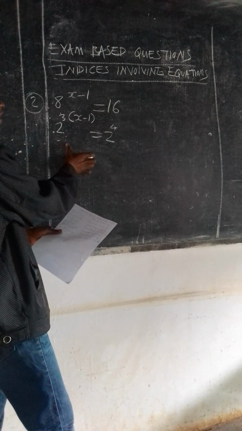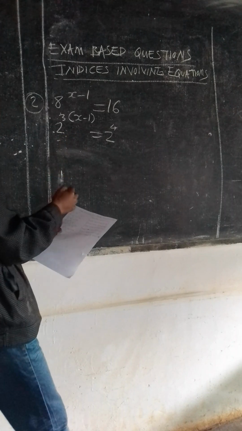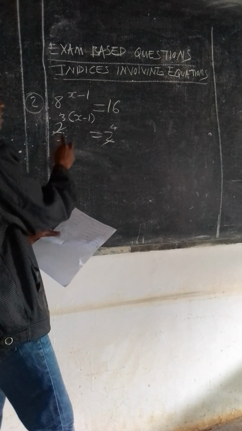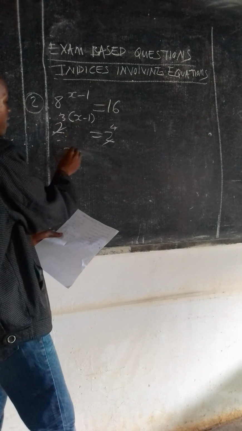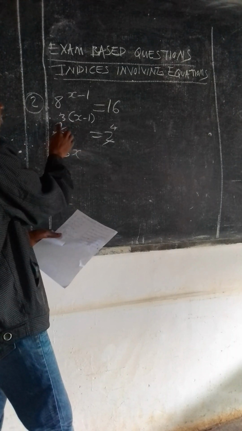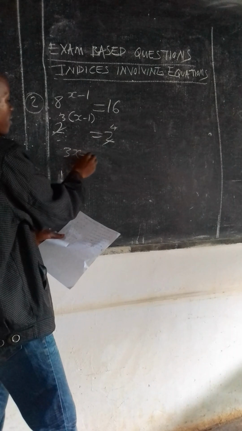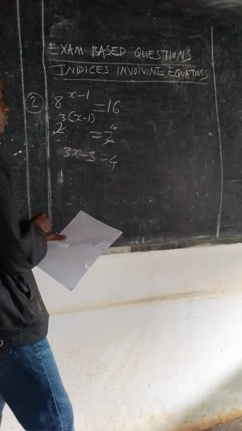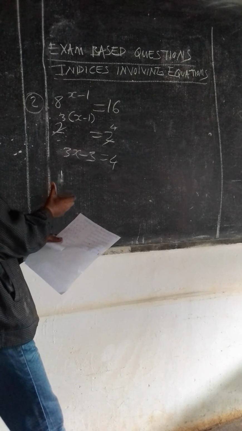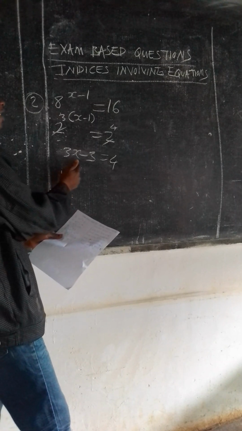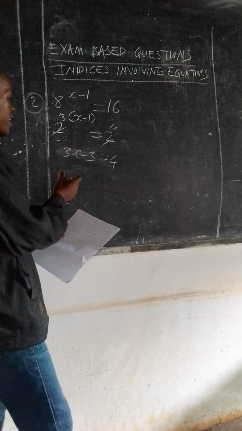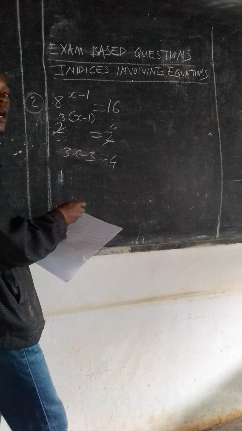Now that the bases are the same, it means that the powers are equal. So we can simply cancel them and we say this 3 times x, that is 3x. This 3 times negative 1, that's negative 3, equals 4, the power which is on top. Now this is a linear equation, so 3x and negative 3 are called unlike terms because we cannot subtract or add them.